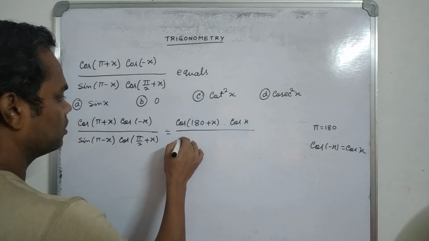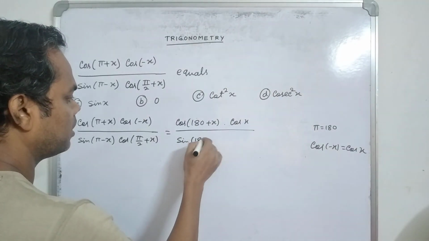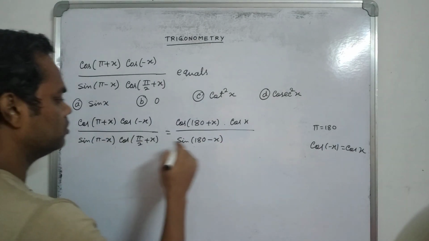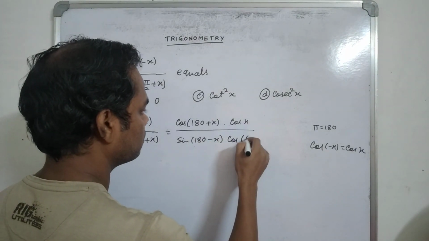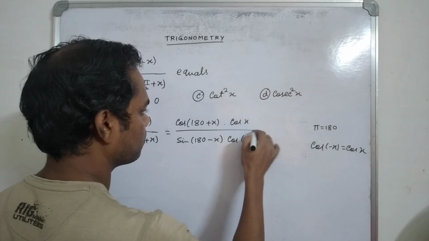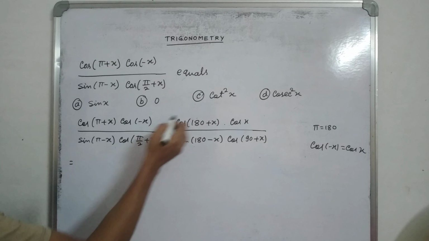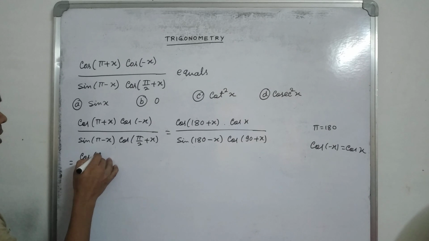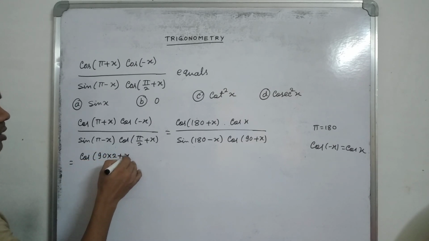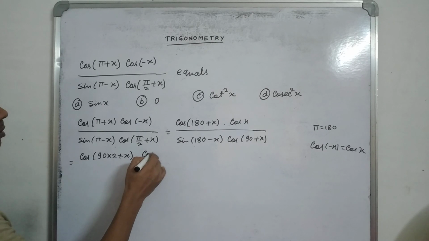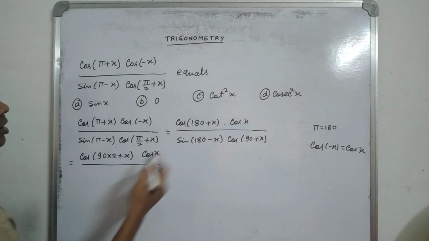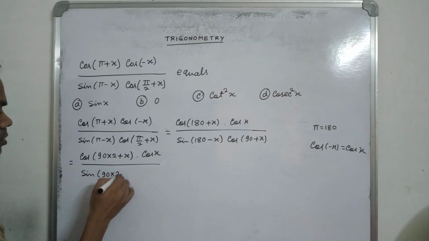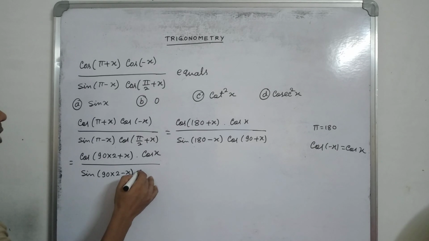The denominator is sin(pi minus x), where pi is 180 minus x, and pi by 2 is 180 by 2, that is 90, so cos(90 plus x). Now this 180 degrees can be written as cos(90 into 2 plus x) into cos x, and sin(90 into 2 minus x) and cos(90 plus x).